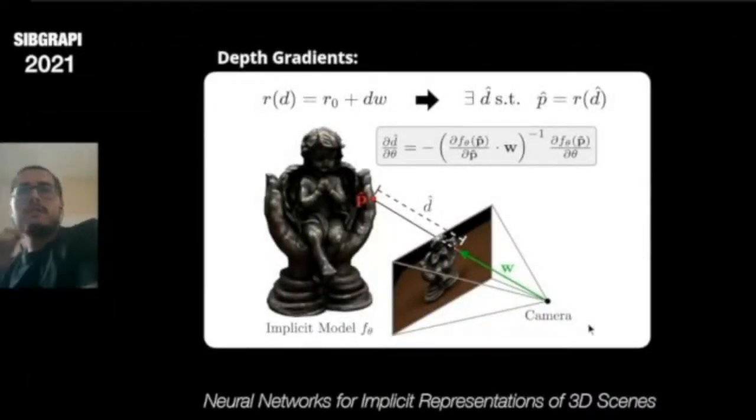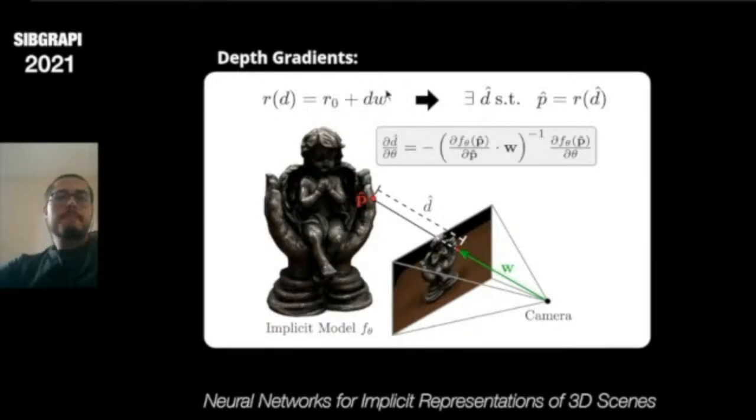Their idea is this depth gradients concept. They write the point P hat as a function on this ray. So you have this ray function, the ray cast from the camera position to the surface point, and you have this w, which is the direction, and some d, which is the distance between the surface point and the camera position, r0.